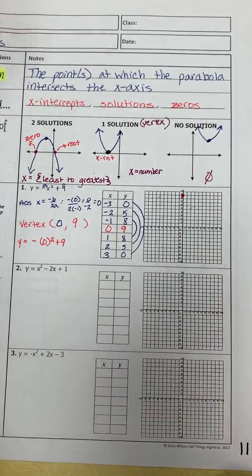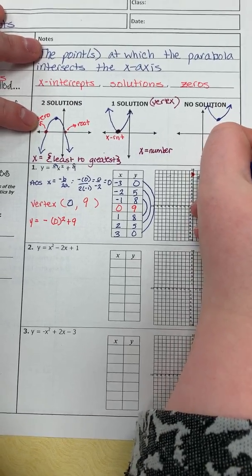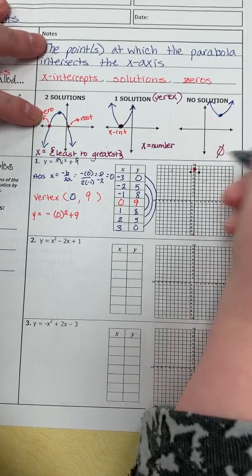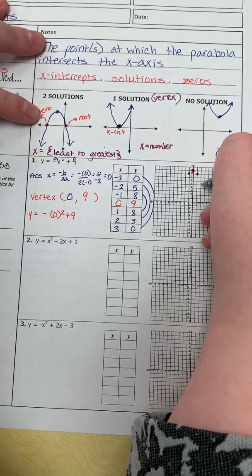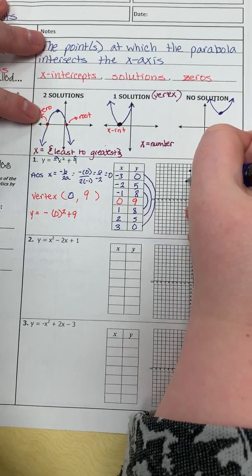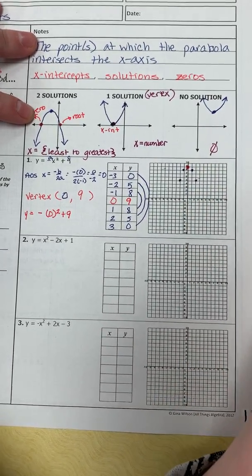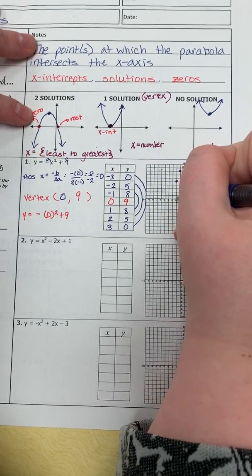So -3 would produce 0, so would 3. -2 would produce 5, so would 2. -1 would produce 8, so would 1. And our center is at (0, 9). So that is a parent-sized parabola with a vertex at (0, 9), opening down. And our focus today is where it's going to cross the x-axis.